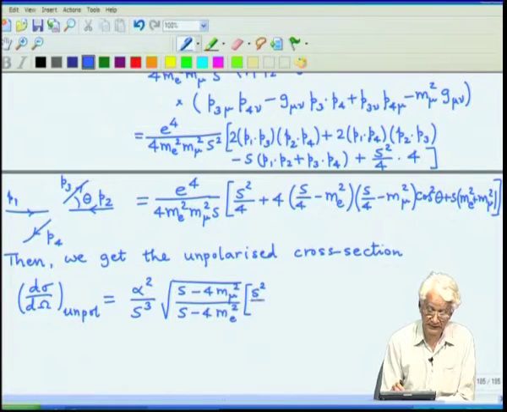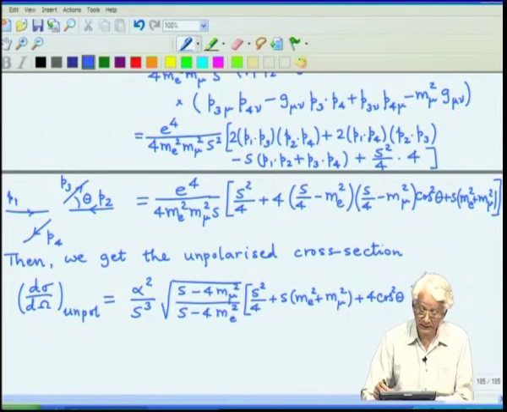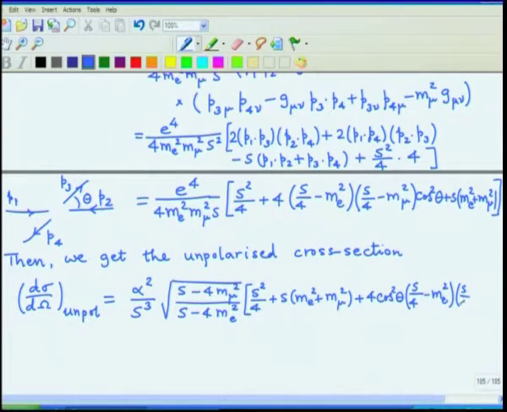So, it is s squared by 4 plus s times (m_e squared plus m_mu squared) plus 4 cos squared theta, and these are the factors of the momenta of electron and muon.